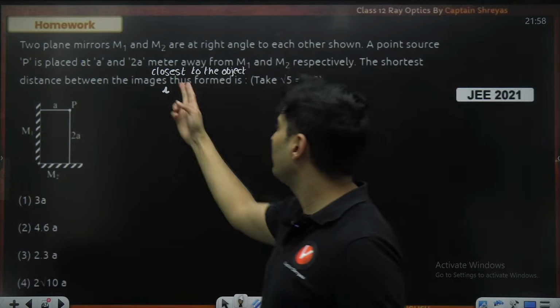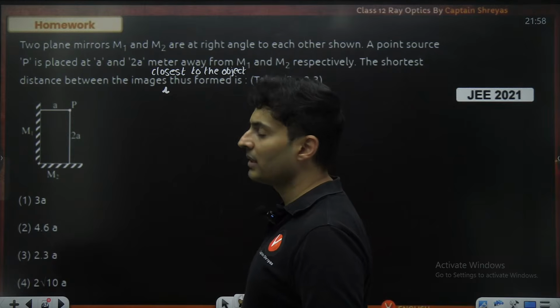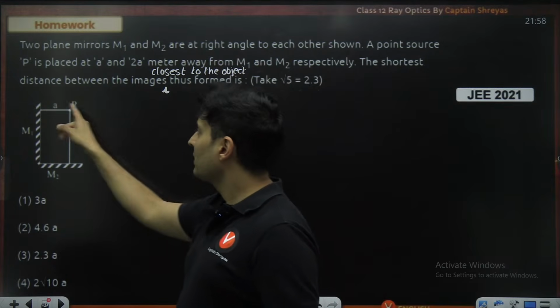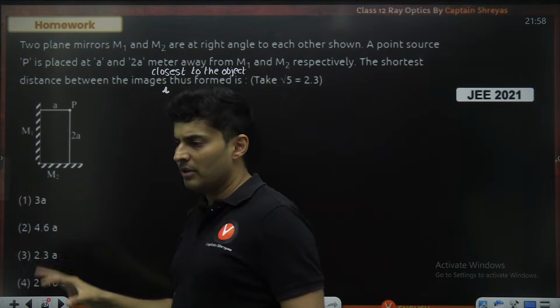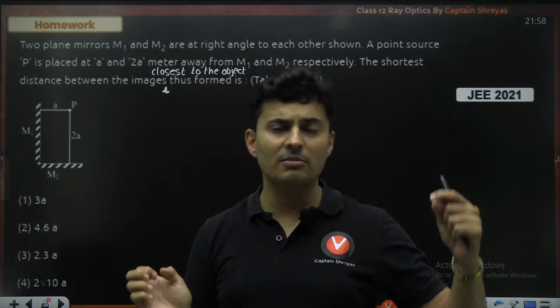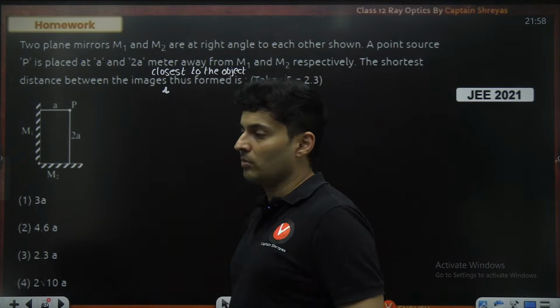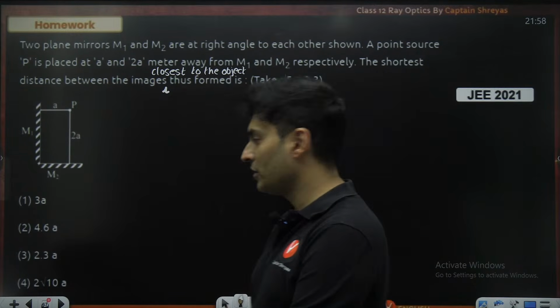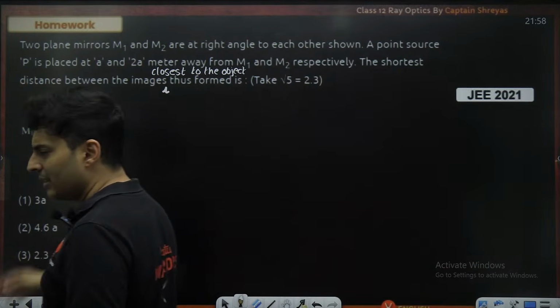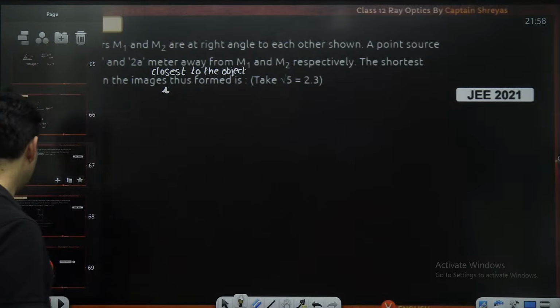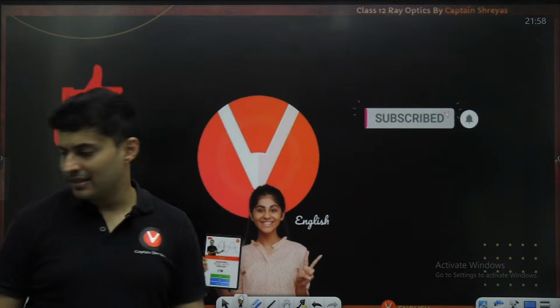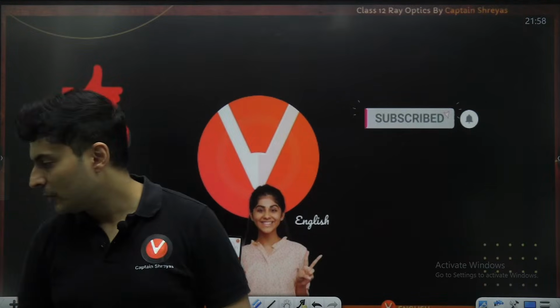Just one small phrase I have added so that it becomes very clear. So there are two mirrors perpendicular to each other, so multiple reflections will happen. So what is the distance between the two images which are closest to the object? Okay, that is the question. So try it out. It's not that difficult. You will definitely get it. Okay, answer is there, solution is there on the next slide. So just try it out.